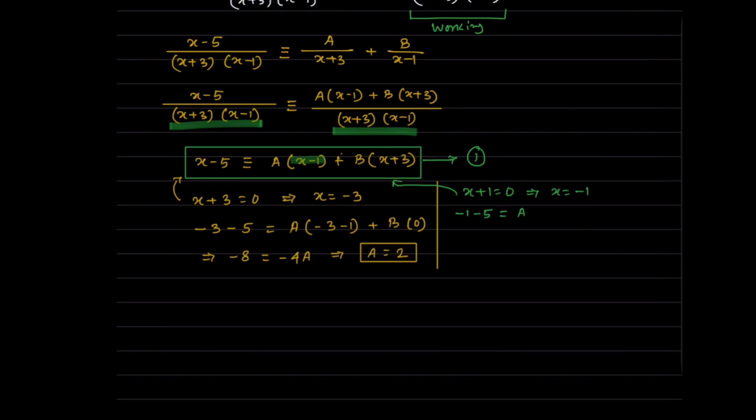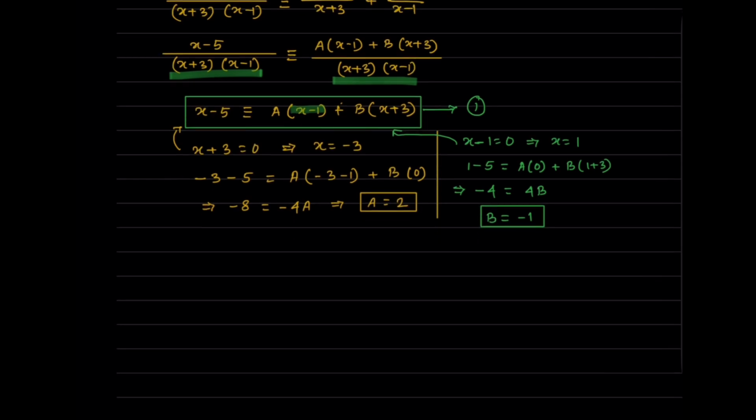Sorry, this is x minus 1, not plus 1, so x equals 1. Put it in the whole equation: 1 minus 5 equals a into 0 plus b into 1 plus 3. So here it will be minus 4 equals 4b, or our b value is minus 1.